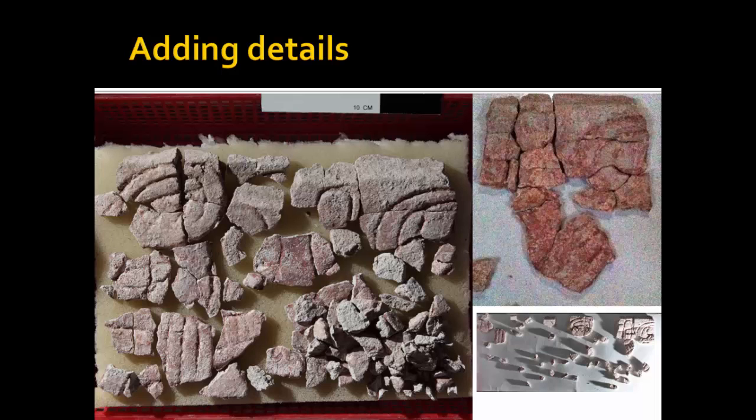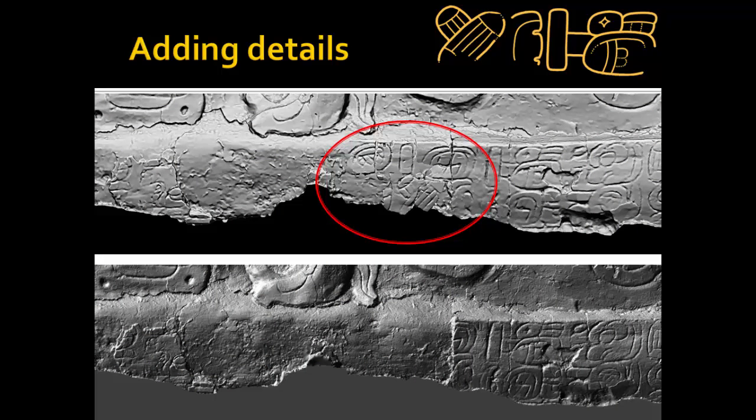And then we were actually able to scan that section and add it to the Frieze 3D scan digitally, without necessarily endangering the fragile damaged stucco sections. And we were able to obtain a new spelling of a key place name in the 4th and 5th century AD hieroglyphic inscriptions in the Maya land.